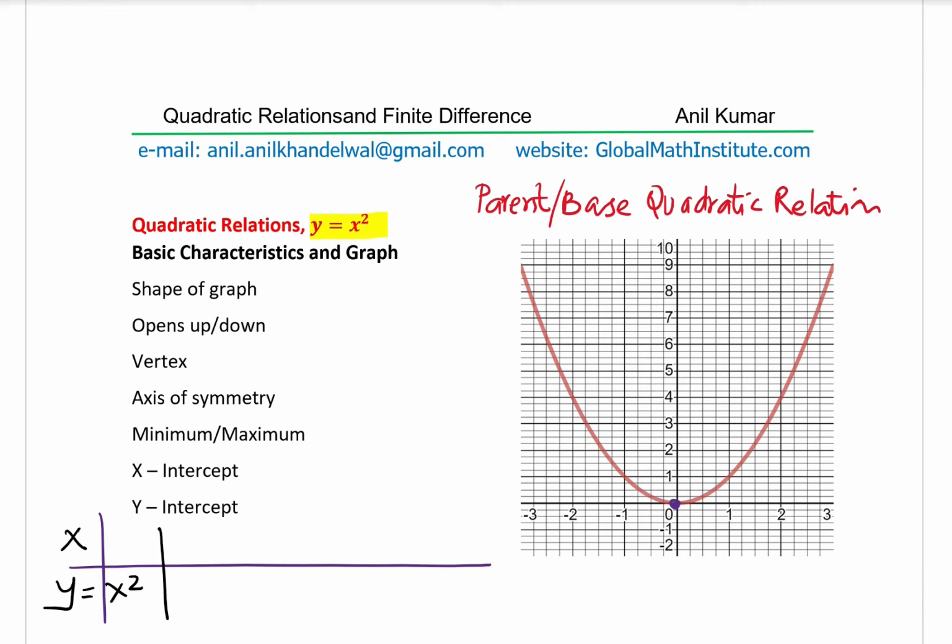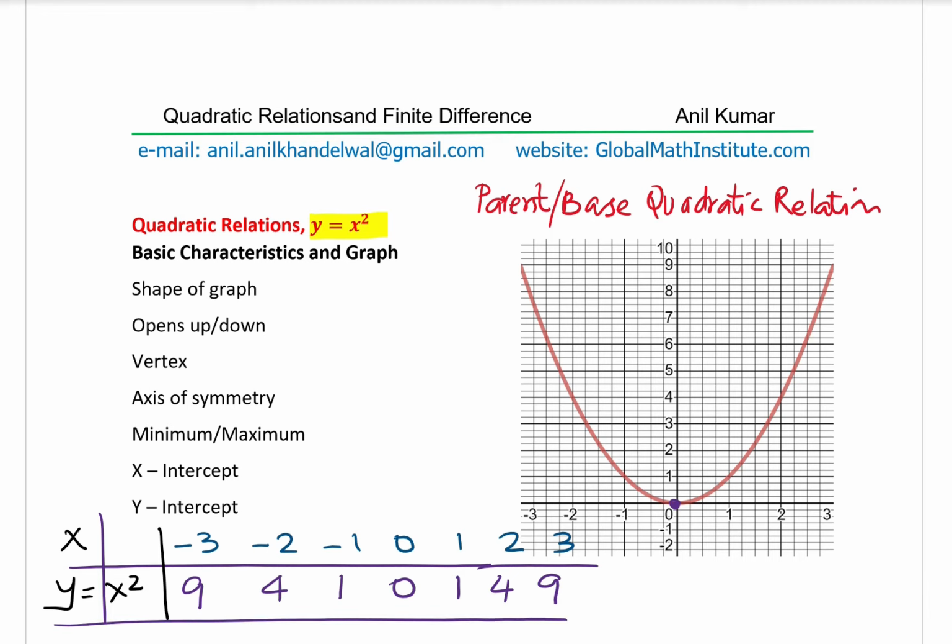If I take values of x as, let us say, minus 3, minus 2, minus 1, 0, 1, 2, or 3, and if I square them, what do I get? Let's calculate. The square of minus 3 will be positive 9. The square of minus 2 will be 4. 1 squared, 0 squared, 1 squared, 2 squared is 4, 3 squared is 9. So these are the values for y.